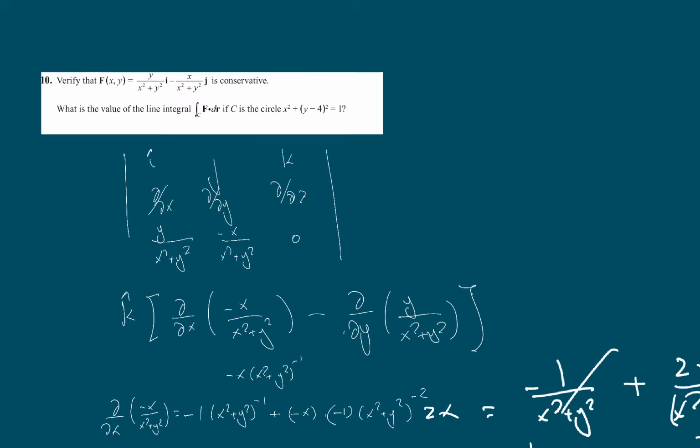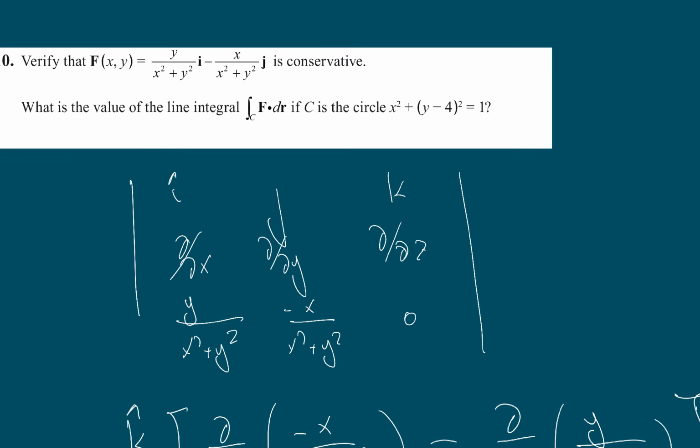So if the field is conservative and you go around the circle of radius 1, the circle doesn't contain the origin, so there is no problem.